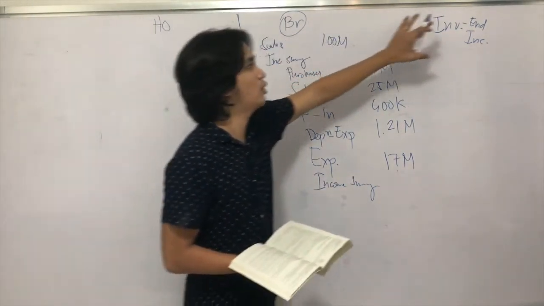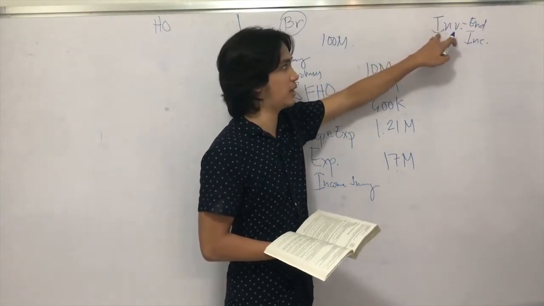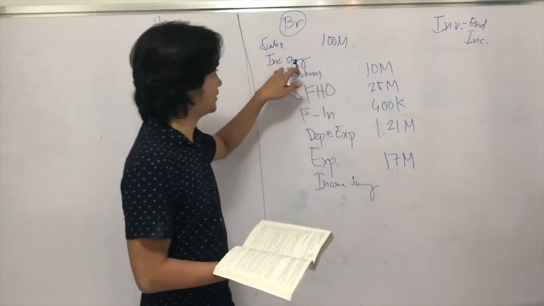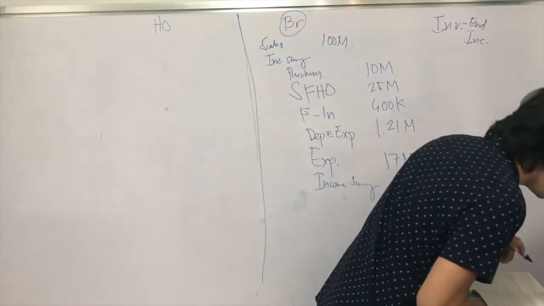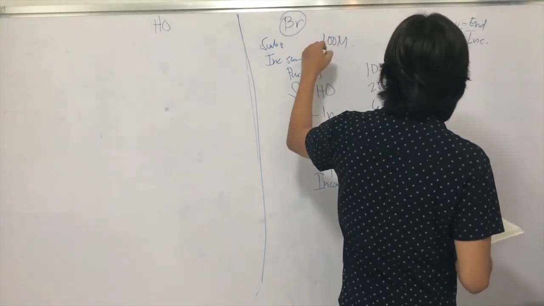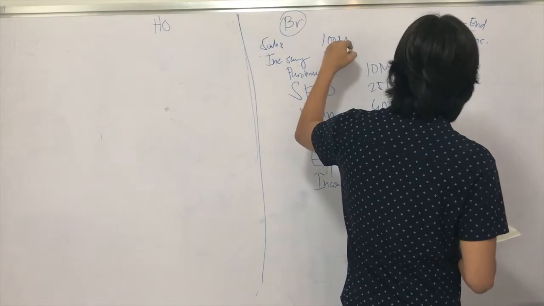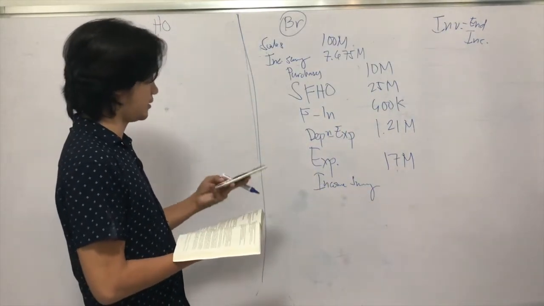But since we made this entry, we already set up the inventory account. We will just cancel the income summary here, amounting to 7.675 million. So total debit minus total credit.